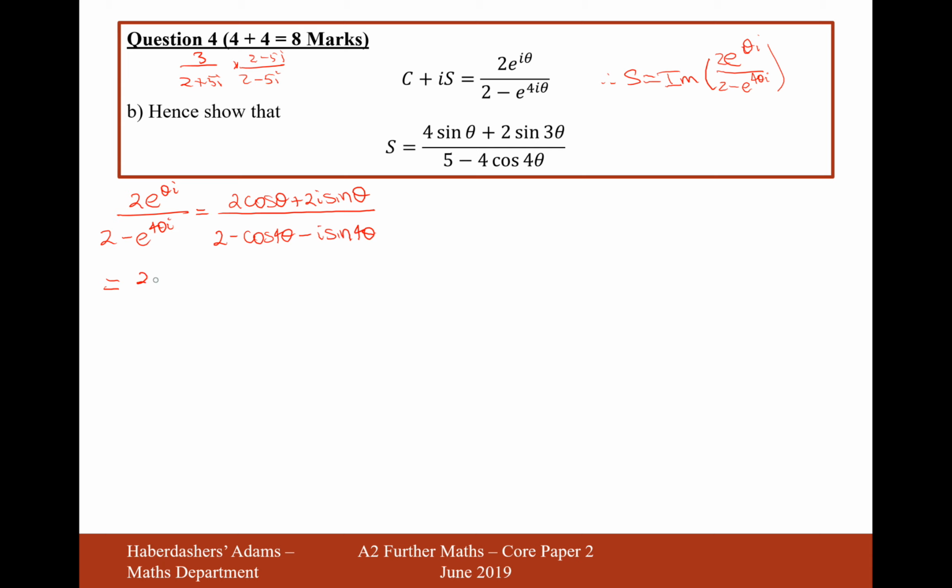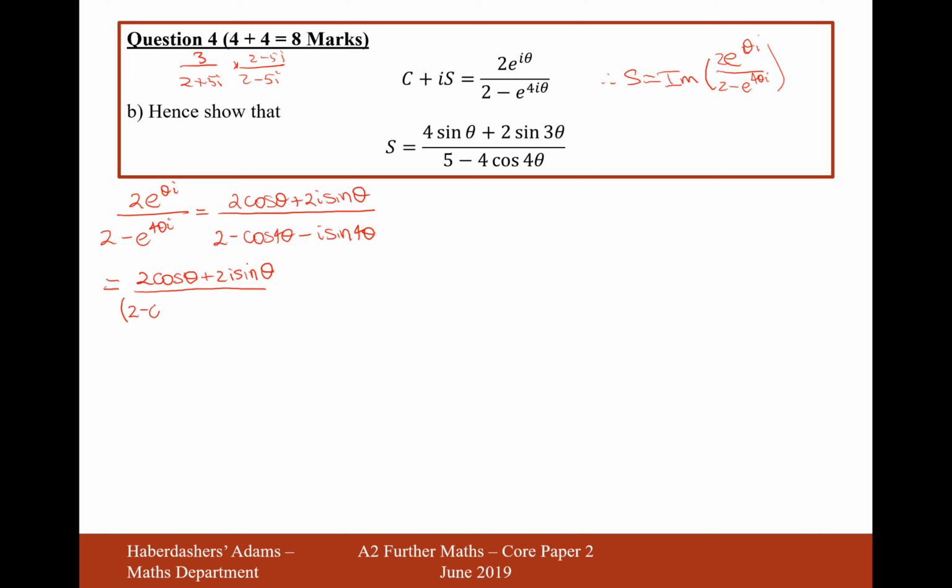First of all, I'm going to leave the top alone, and then I'm going to group together on the bottom the real and imaginary parts. So this is the real part, 2 minus cos 4 theta, and the imaginary part is minus i sine 4 theta. So now we need to multiply by the complex conjugate on the top and bottom of the denominator.